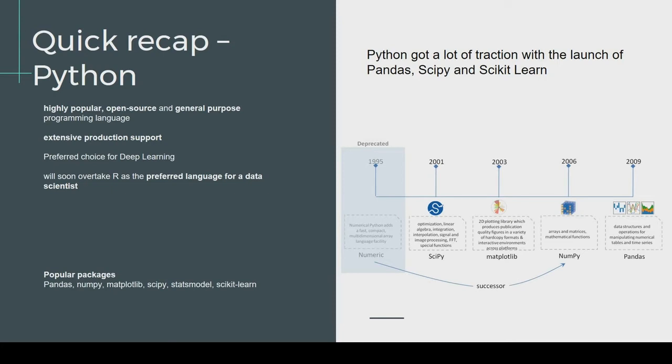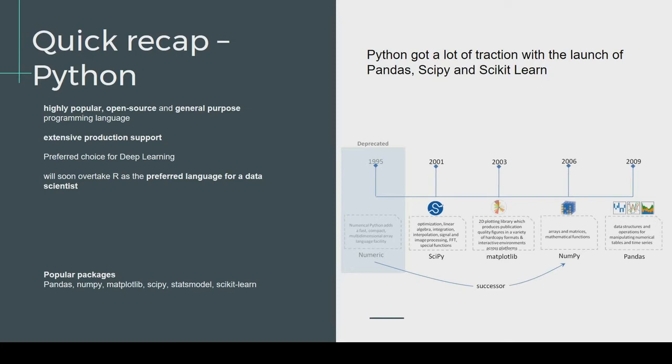R also has a fair amount of support for deep learning, but in Python, we have a wide area of choices for one to get started with. Just a few examples: TensorFlow, Theano, Keras. These are just a few of the popular ones which are available on Python for deep learning.